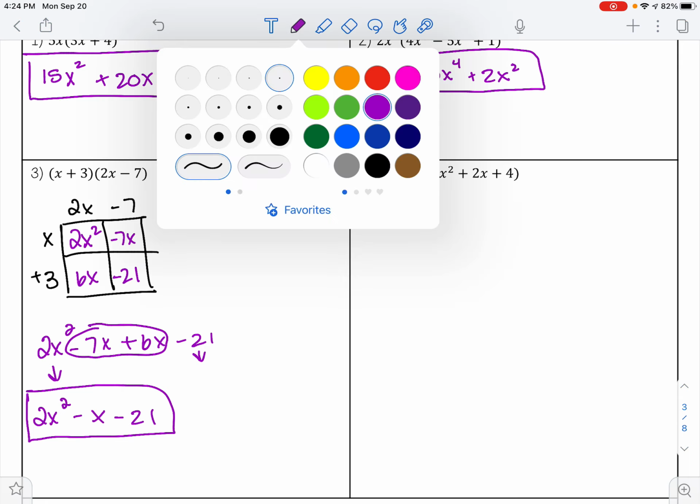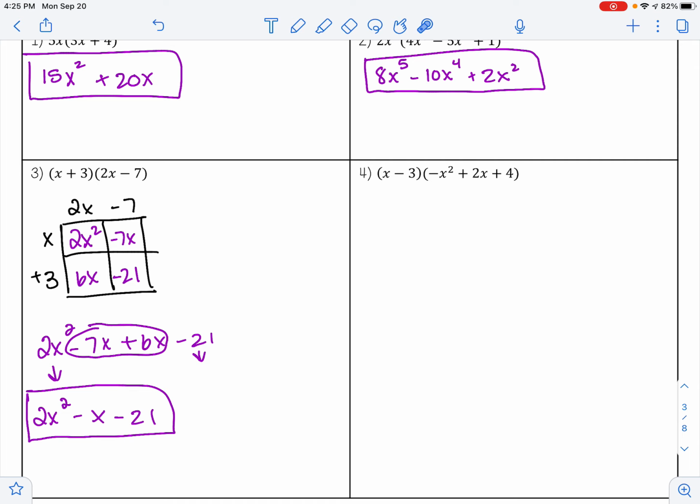For example 4, I have 2 terms being multiplied by 3 terms. So a binomial being multiplied by a trinomial. We're going to do this the same way that we did example 3, but we are just going to have a larger area model. So instead of having a 2 by 2 box like how we did here, my area model will be 2 by 3.